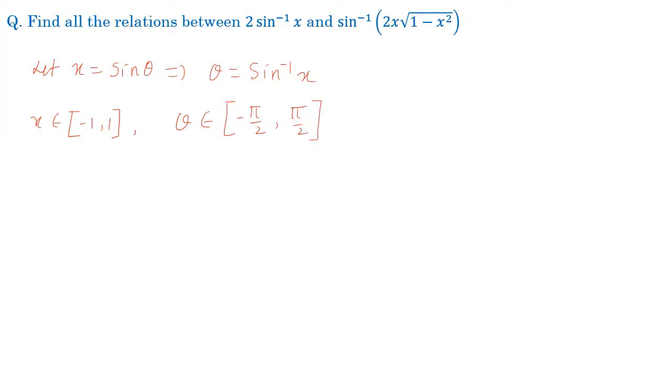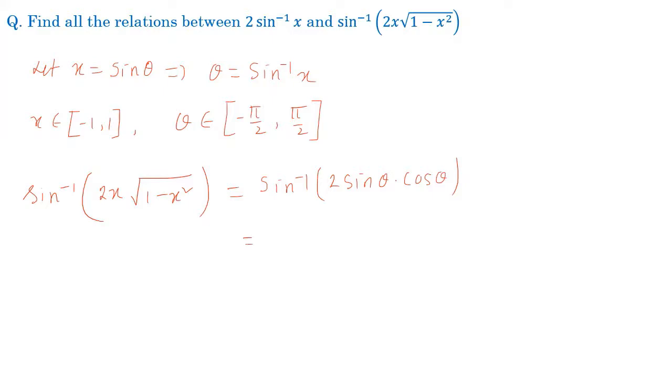Now you see what the expression sine inverse of 2x into root over 1 minus x square will give us. This will be equal to sine inverse of 2 sine theta cos theta, and will be equal to sine inverse of sine 2 theta.